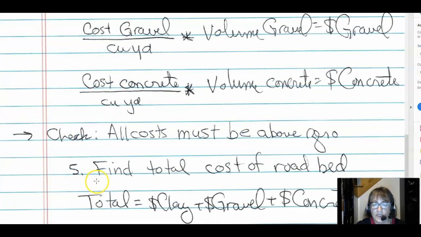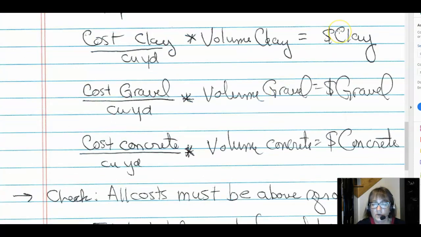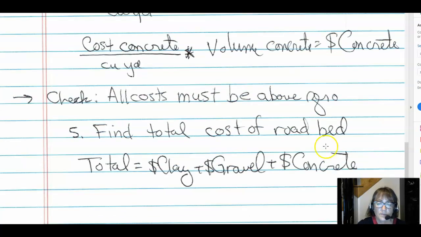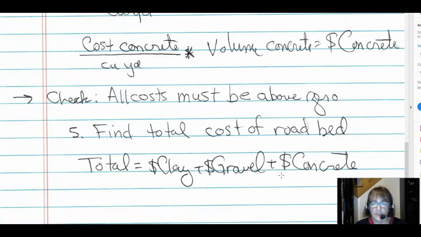Okay, now a check here for MATLAB would be that all of those costs also must be above 0. And last but not least, to find the total cost of the project, we just add those 3 numbers: the cost for the clay in dollars, plus the cost for the gravel in dollars, plus the cost for the concrete in dollars. So you add those 3 things, and you've completed the assignment.